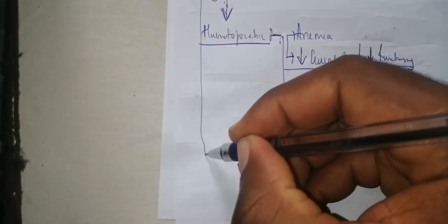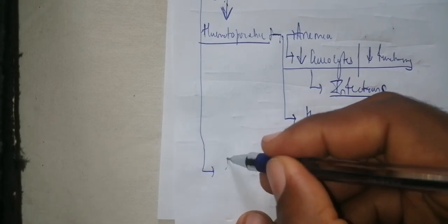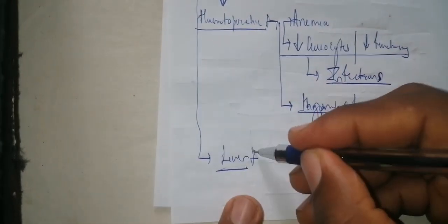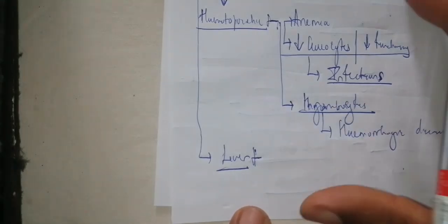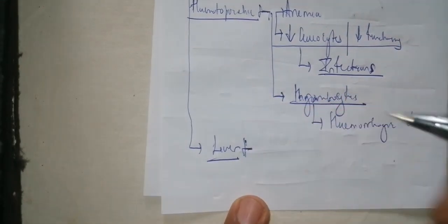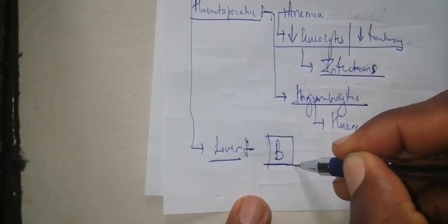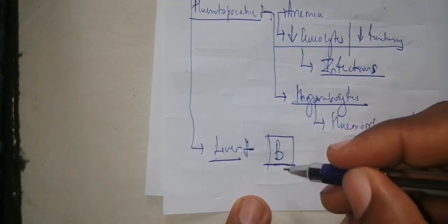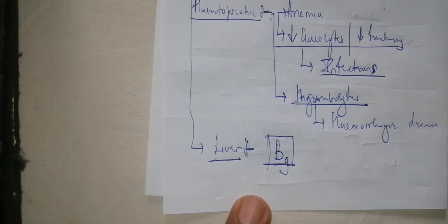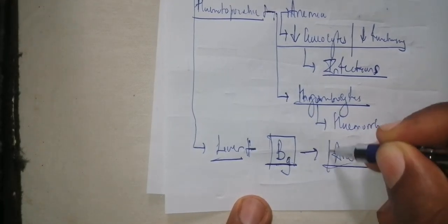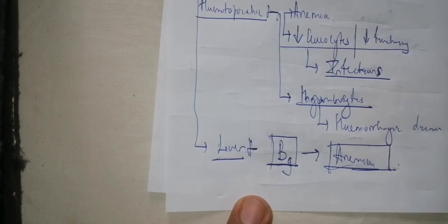The next element, we are going to have also hypofunction of the liver. Normally, you need to know that the liver stores vitamin B9. So with hypofunctioning of the liver in prematurity, you are going to have also anemia from low level of vitamin B9 storage.